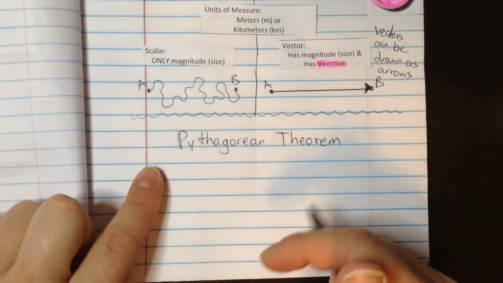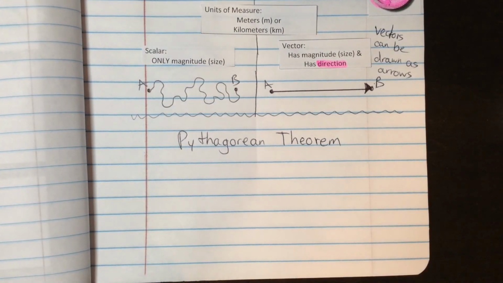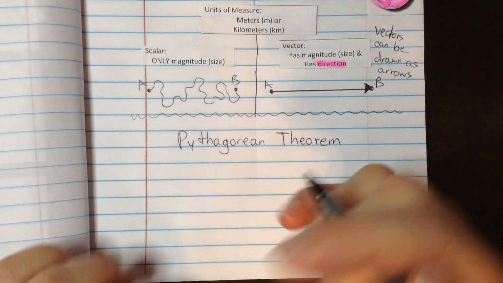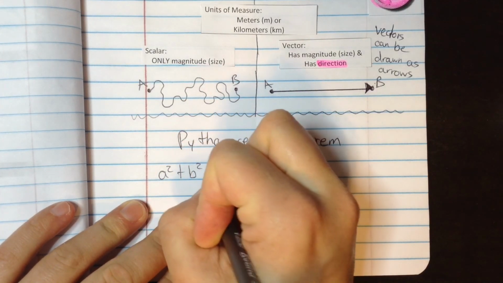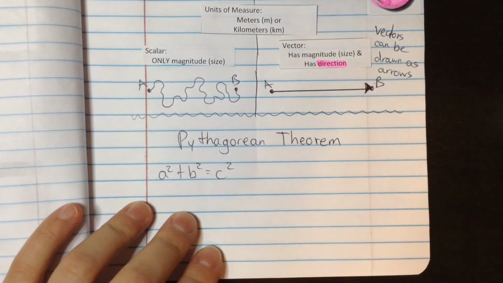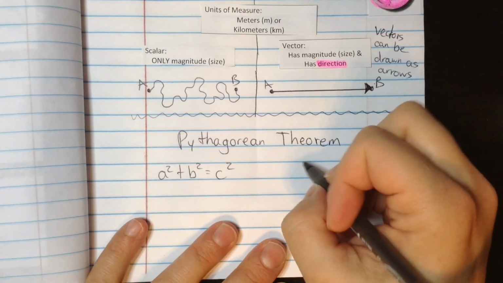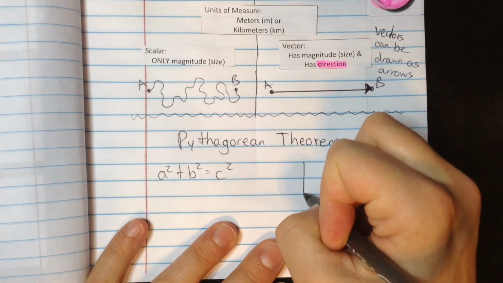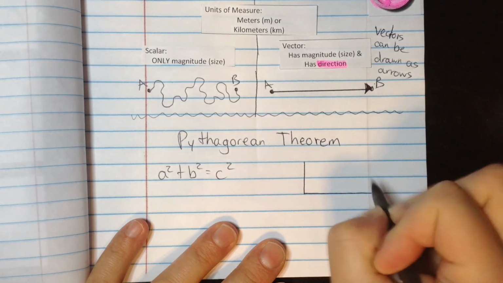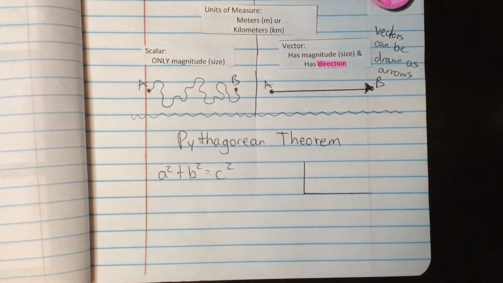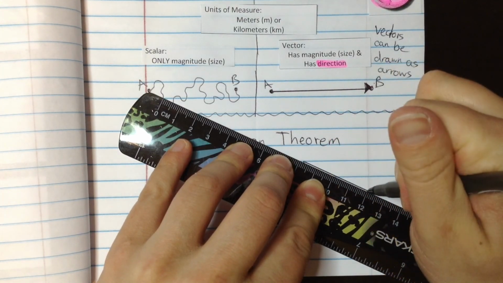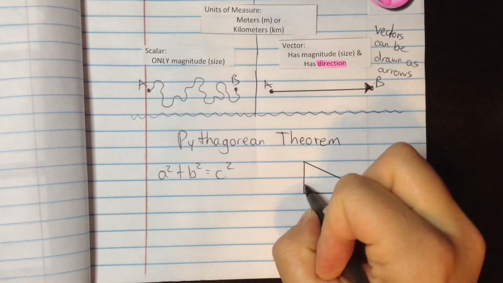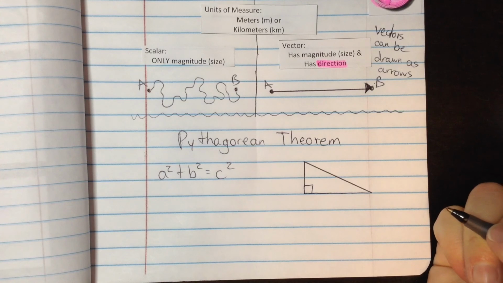So the Pythagorean theorem, hopefully what comes to mind is a squared plus b squared equals c squared. The Pythagorean theorem is about triangles, and not just any triangle, but what are called right triangles.